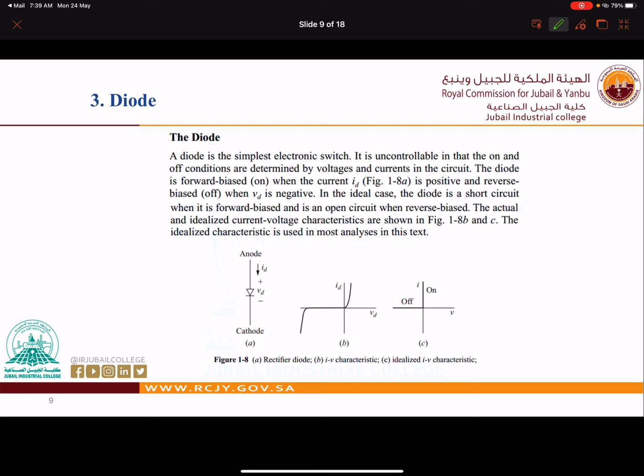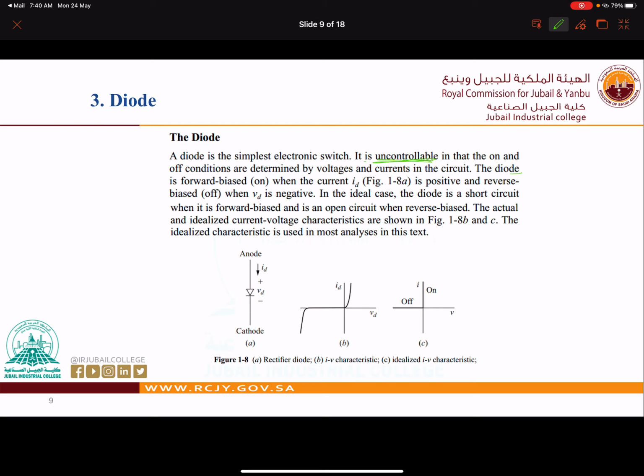A diode is the simplest electronic switch. Okay, it is uncontrollable. This is very important, you should underline it. It is uncontrollable in the on and off conditions, so we cannot control the on and off conditions by the voltage and the current.